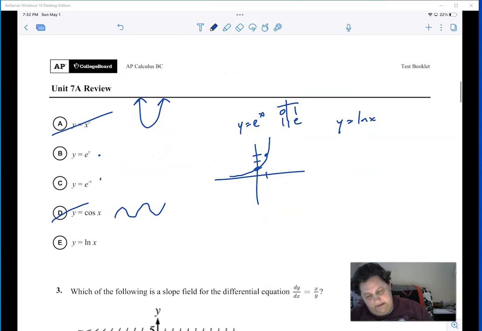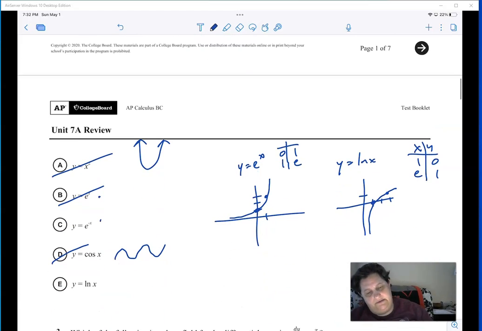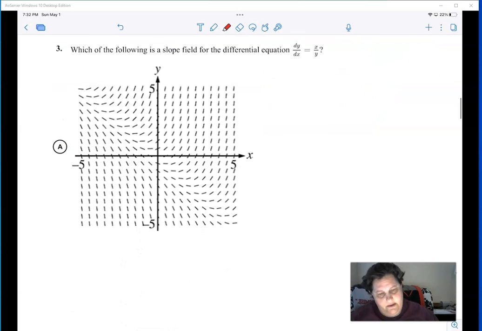Ooh, that does not look like e to the x. Let's look at ln of x. For ln of x, I can't do ln of 0, you're not allowed, but ln of 1 and ln of e. The ln of 1 is 0, the ln of e is 1. That's the point 1, 0, and then the point e, 1. And now I'm remembering, and I'm like, oh yes, that is ln. So if I forgot, I could very quickly remember with those 2 points and graph this, okay? All right, cool.